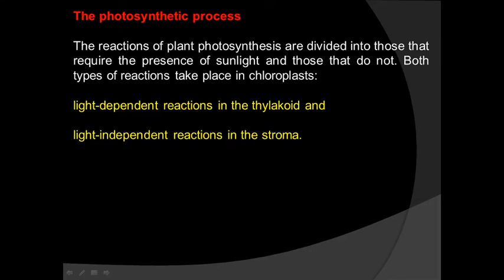The light dependent reaction occurs in the thylakoid of the chloroplast, and light independent reactions occur in the stroma portion of the chloroplast.